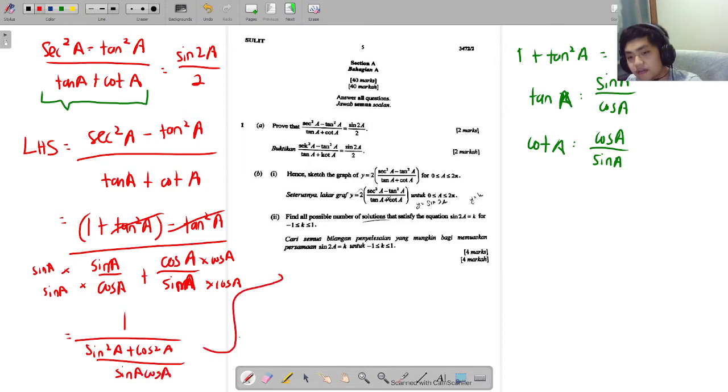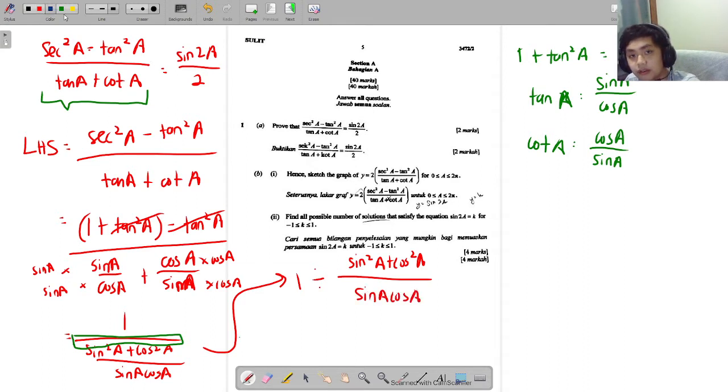So we got a 3-layer fraction. Usually it's a bit easier to see if we don't write it in a 3-layer fraction. We can instead write it like this, because this is the bigger division line. So I can write it as 1 divided by sine² a plus cos² a over sine a cos a.